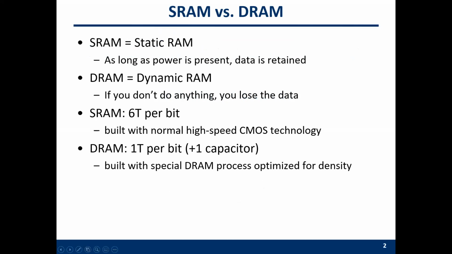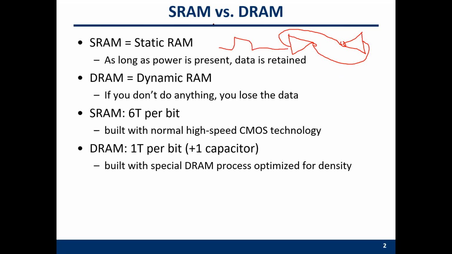We talked about SRAM before, which is static RAM. Static RAM is very simple. You have two inverters, and the input of one inverter connects to the output of the other one. In this way, you can have a static state.